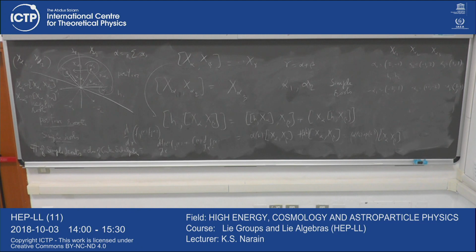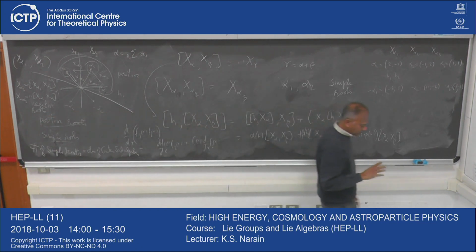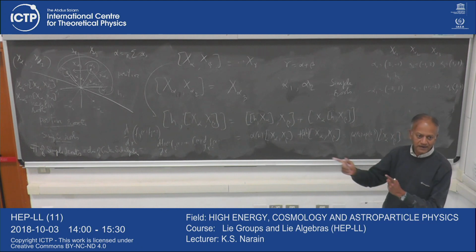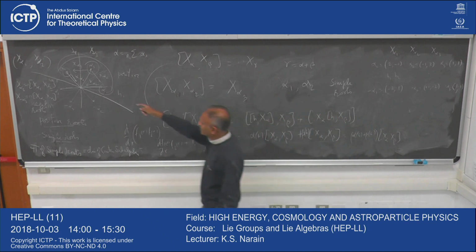Because there are 2 linearly independent objects which have zero eigenvalue, and those are H1 and H2, or combinations of H1 and H2. So the notion of highest weight is a bit more complicated than SU2. It's not surprising because now you have several SU2s. It's a good thing that we don't need to use all 3 SU2s.